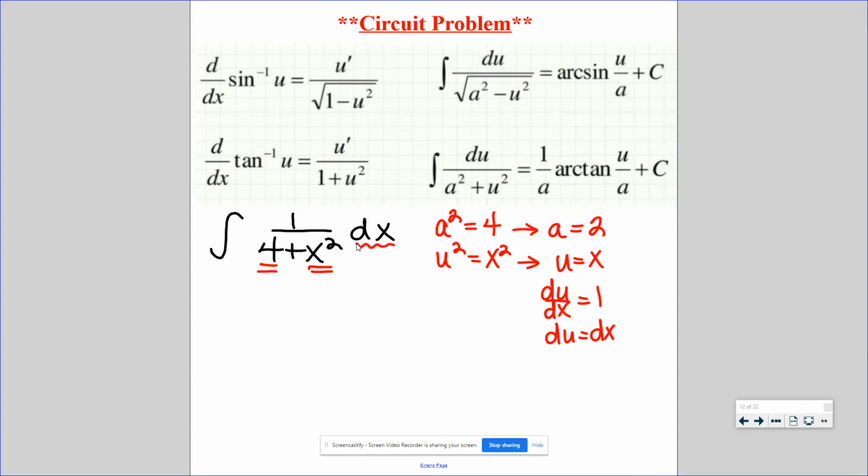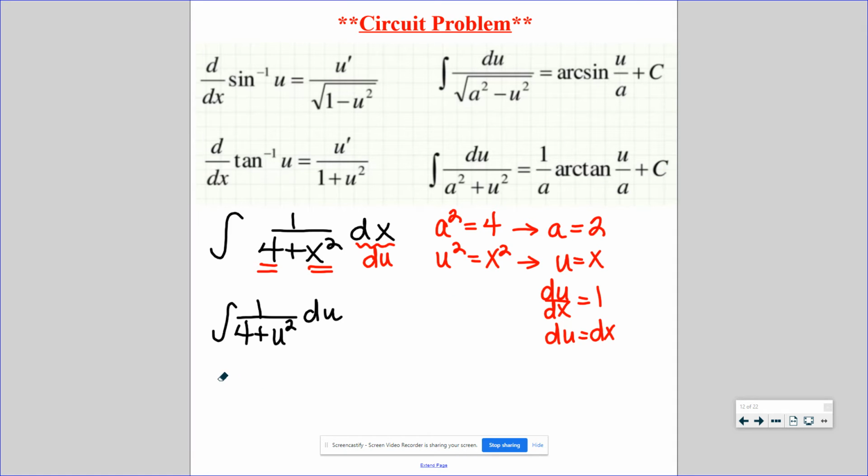Okay, so that means that du is equal to dx. Let's see what we've got. So we've got the antiderivative of 1 over 4 plus u squared du. Okay, now that means everything's in terms of u, so thumbs up that you can continue on.